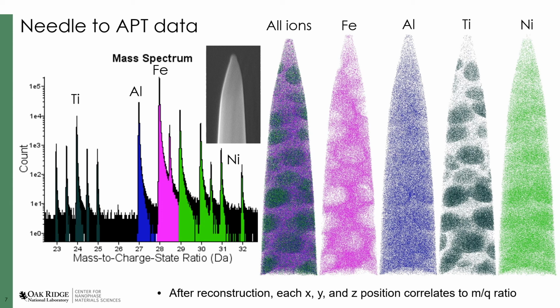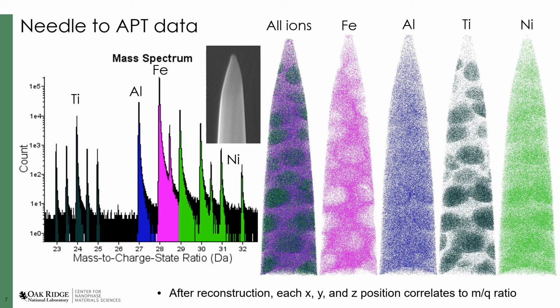This data consists of an X, Y, and Z position, as well as a mass to charge ratio. On the left-hand side, you can see the mass spectrum with several counts for each peak. Each count within this mass spectrum is labeled with an X, Y, and Z position. As you can see from the mass spectrum, we have titanium, aluminum, iron, and nickel within this sample.